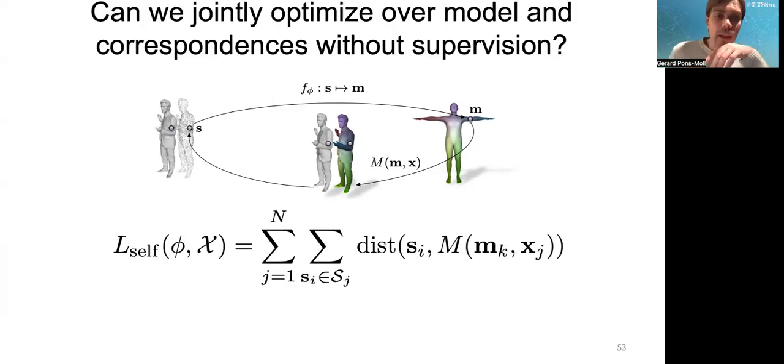So let's look. The self-supervised loss that we have here optimizes over the network parameters phi.